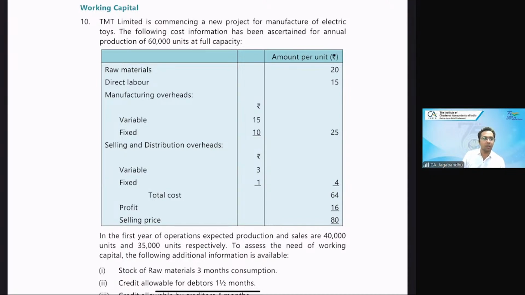Okay. Now, from this 60,000 units, we are having the information regarding raw material, right? Then we have labor, manufacturing overheads. Take a note of it that it has got two components, the variable and the fixed.